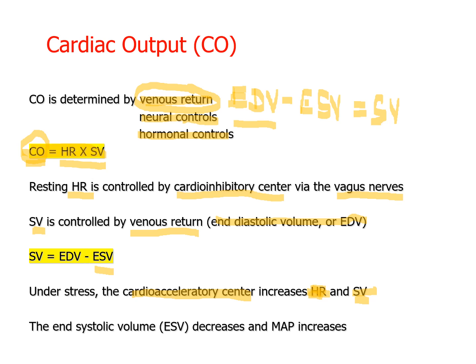The heart contracts harder, and there's less left in the heart at the end of each contraction. So end systolic volume decreases. If end systolic volume decreases, then stroke volume increases, according to this equation. And in the end, mean arterial pressure rises.